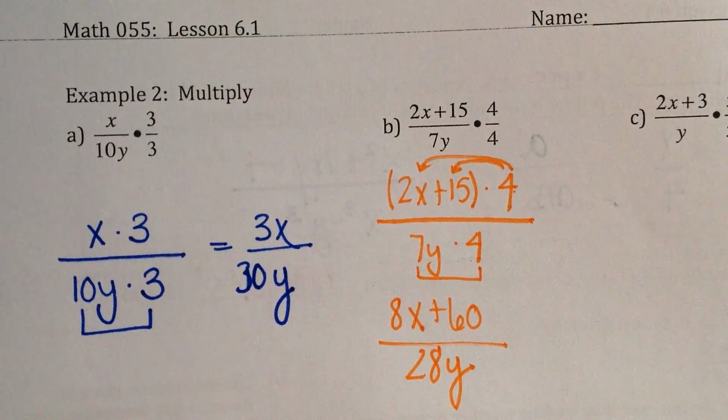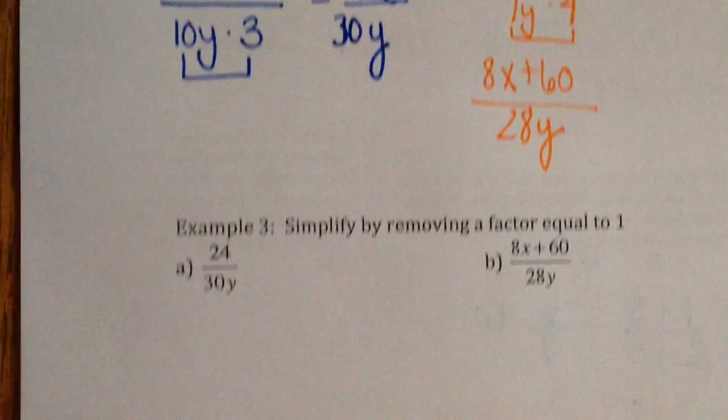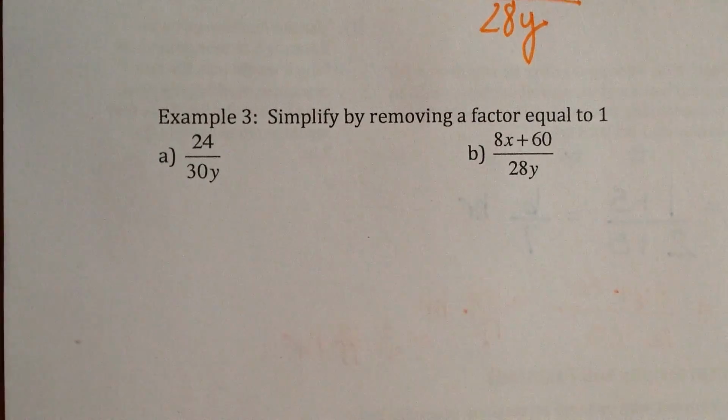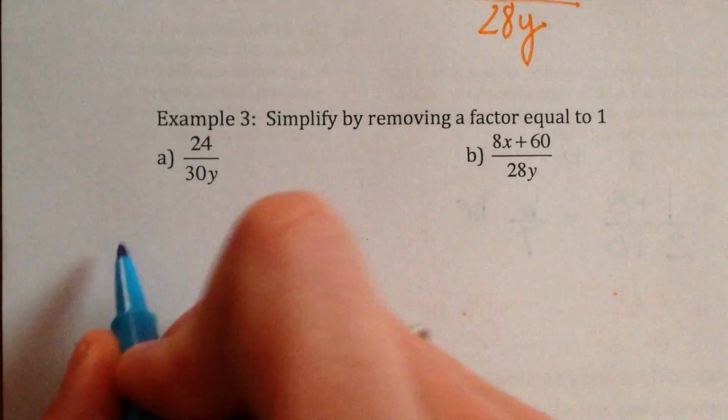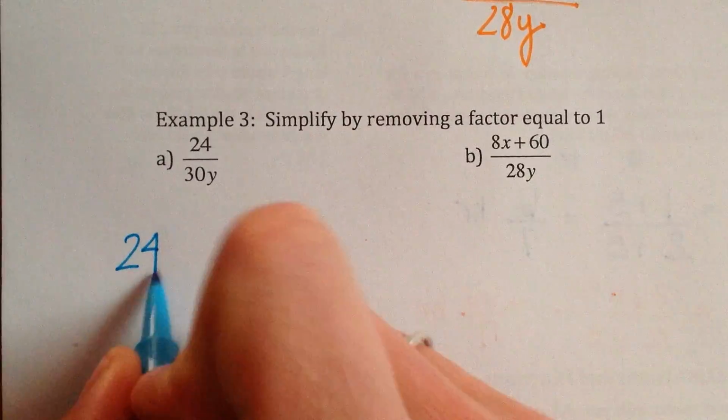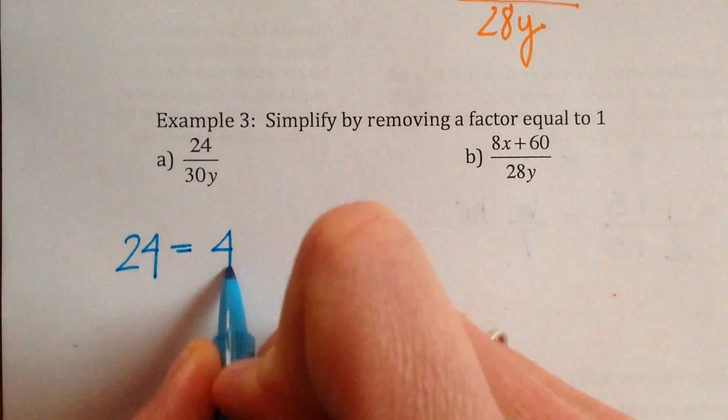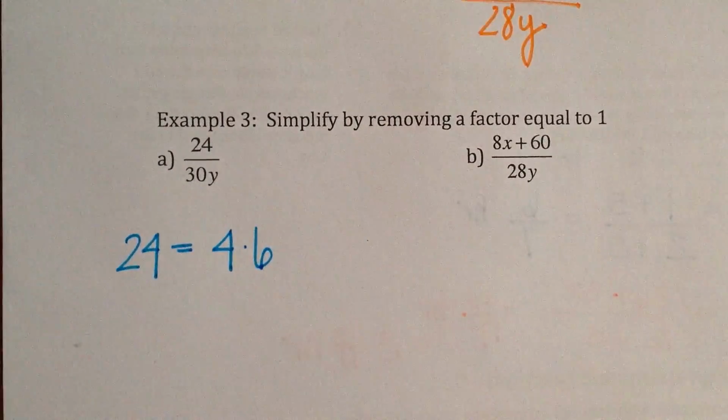So in example 3 now we are going to talk about simplification. In example 3, these have already been multiplied for us, and now we need to reduce them. So think about our factoring. 24, I can rewrite as 4 times 6.